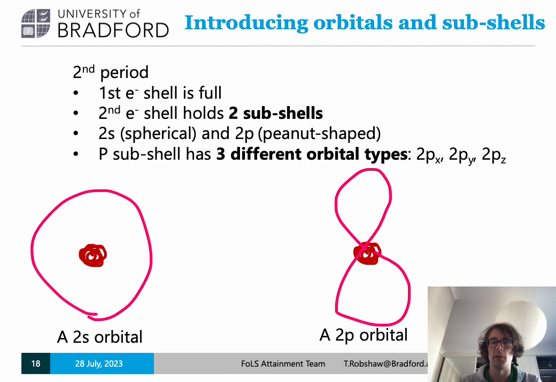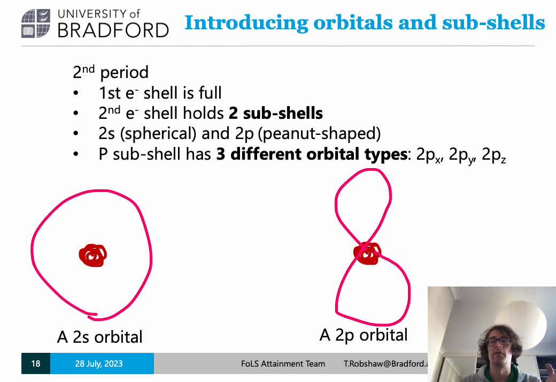We start with the 2s subshell. This is very much like the 1s as it's spherical in shape. It's just larger as it's further away from the nucleus, and it too holds two electrons. The number 2, as you might imagine, simply refers to the second electron shell away from the nucleus.